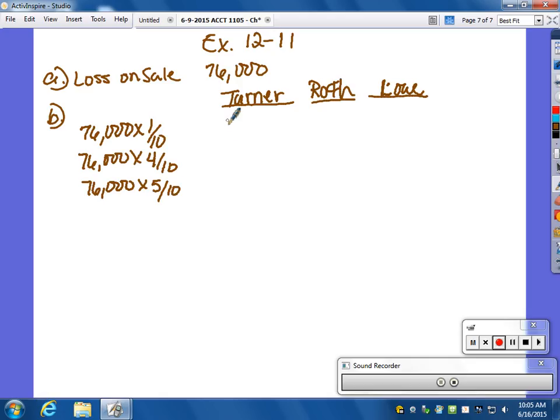Negative how much for Turner? 5,100 for Turner. Raw? 16,400. Low? 6,500. And we said that these two partners have to soak up the 6,500. How are we going to distribute that amongst them?